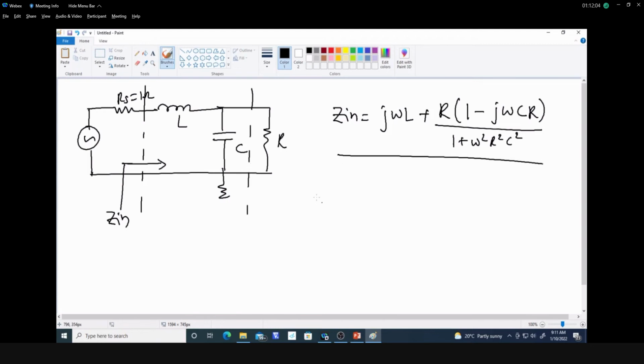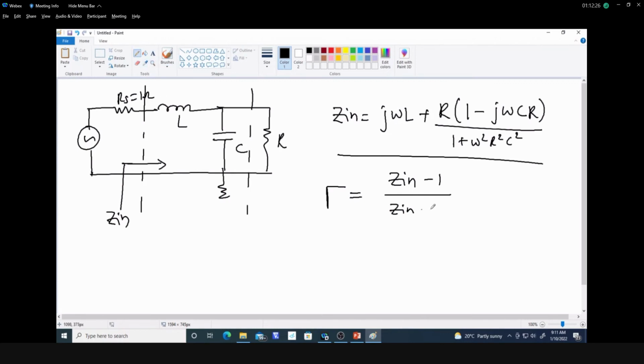Now we know the reflection coefficient gamma. If I look at this point, what is the reflection coefficient? That gamma is nothing but (Zin minus 1) divided by (Zin plus 1), because we have normalized the source impedance value to 1.